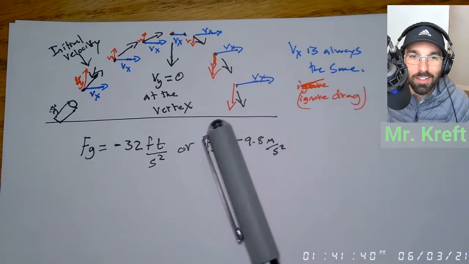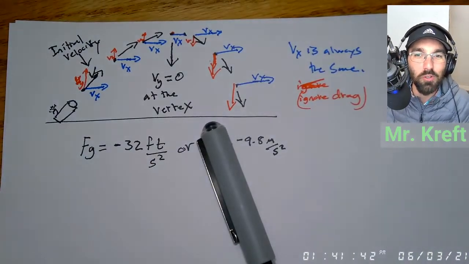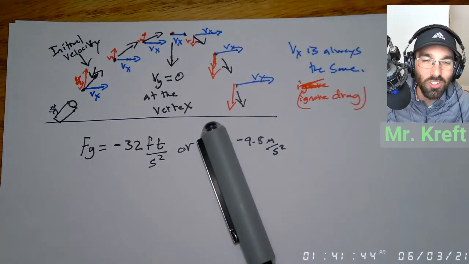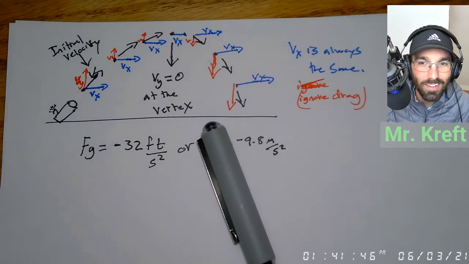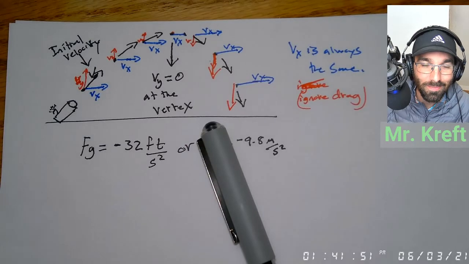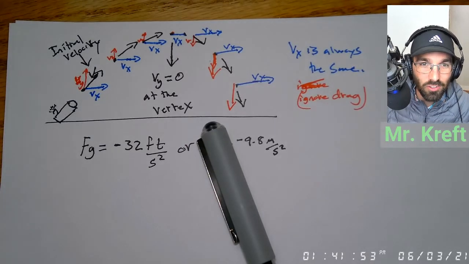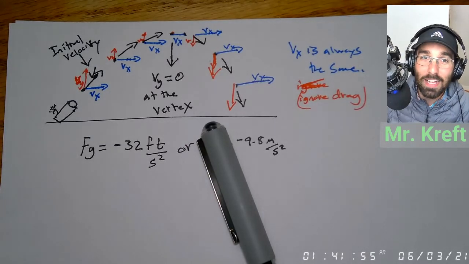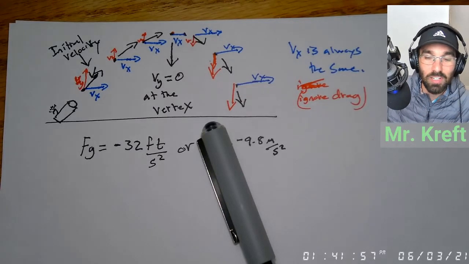And if you don't believe me, take your pen, throw it up in the air, and you'll notice that when your pen reaches the highest point, it briefly stops. So if you want to catch something that's shot really high in the air, you want to catch it at its vertex.